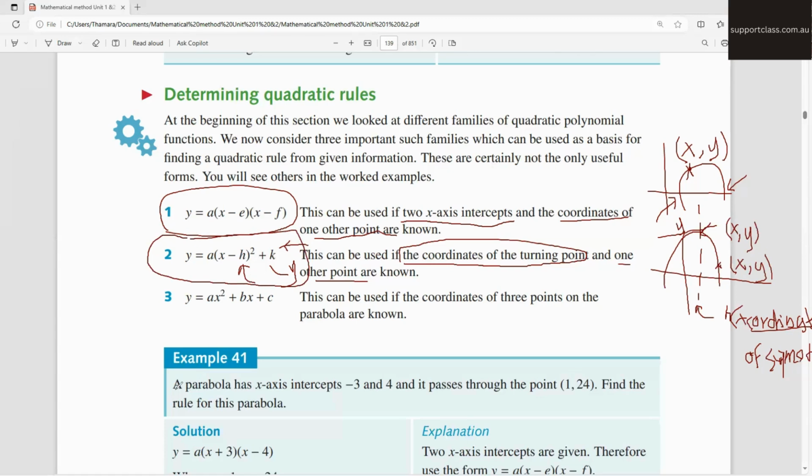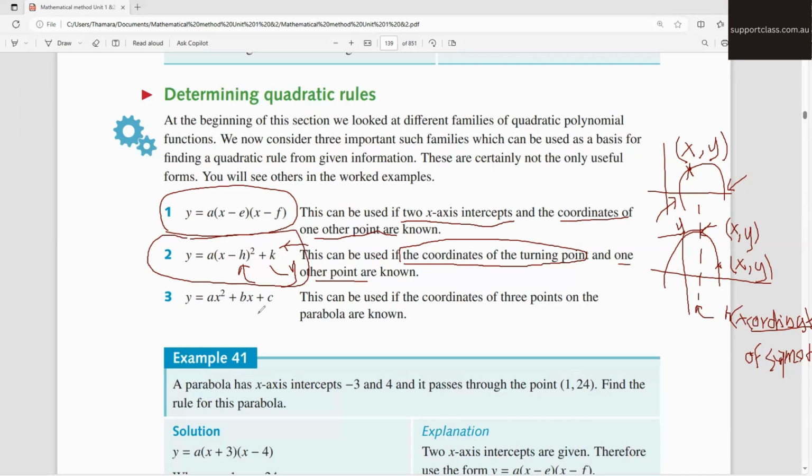The third one is a polynomial type of family. We call this the polynomial equation. Here a, b, c are the constants, and the variables are y and x. You have to find them by solving three simultaneous equations.